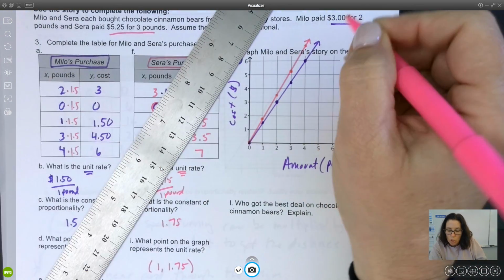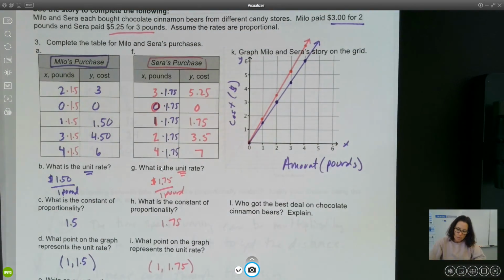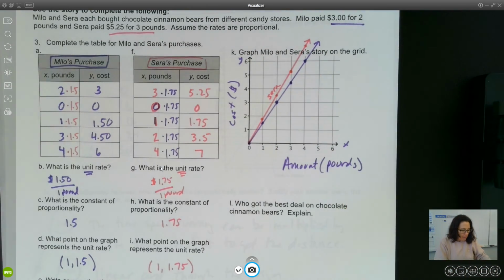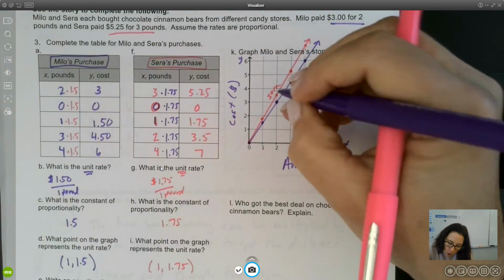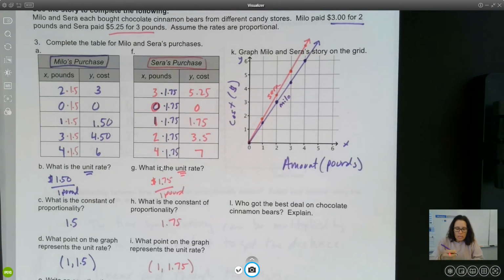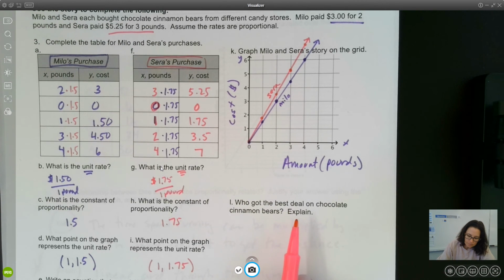If you don't have two colors, you would write Sarah by that line, and you would write Milo by this line. I didn't need to do that because I'm color coded. But if you're just using a pencil, which is fine, just make sure you're labeling who is who on that graph.